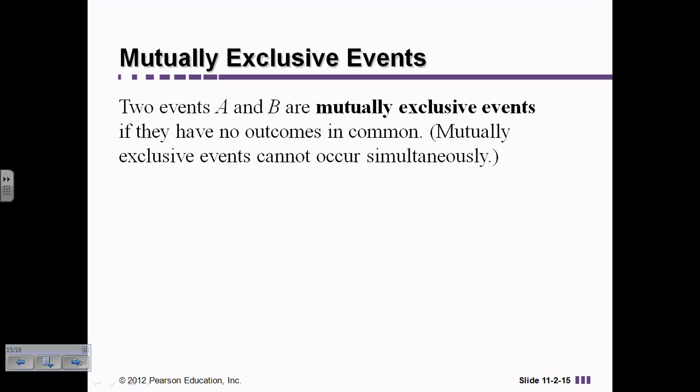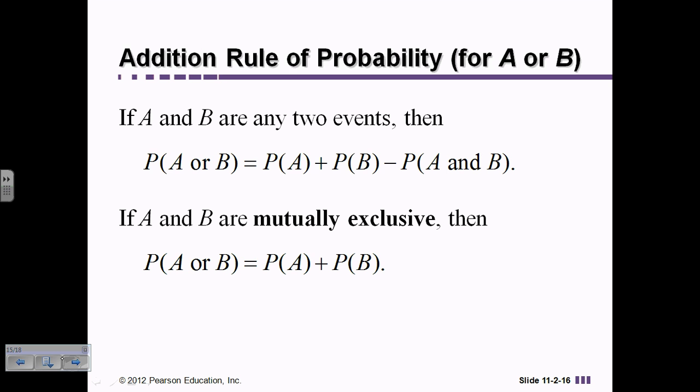So when two events, A and B, are mutually exclusive, that means they don't have any outcomes in common, so they can't occur simultaneously. That's just what we mean by mutually exclusive. So let's look at some of these rules that we were talking about. And these, again, should look fairly familiar. Remember, when we're talking about A or B, and the events are not mutually exclusive, then we have to take away that overlap.